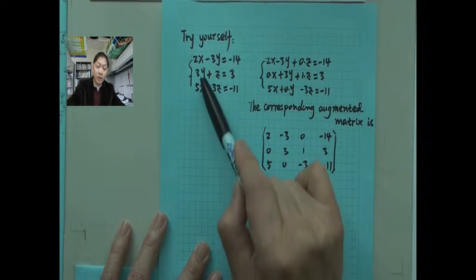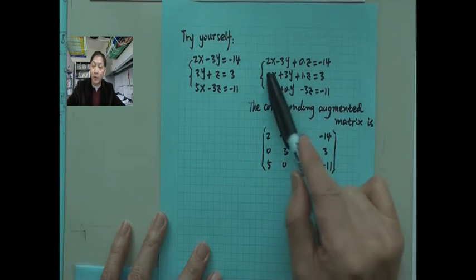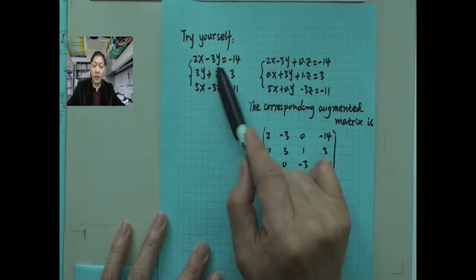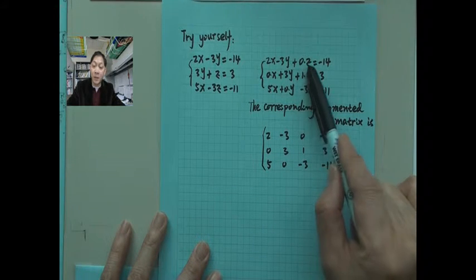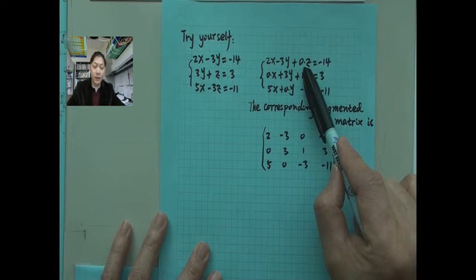There are three variables, x, y, and z. And then you want to write it in this way. z was not here, because 0 times z is 0, so you want to plug in 0 here.